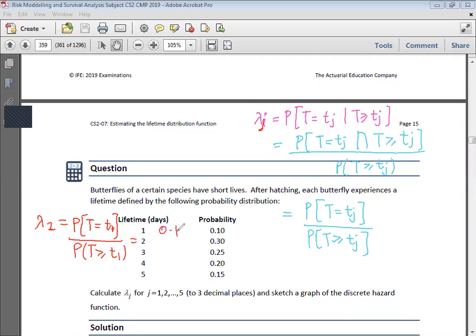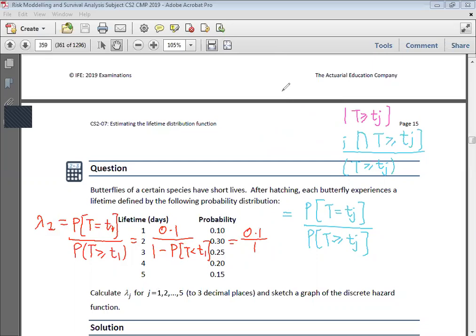So this is nothing but 0.1. Upon this, I can rewrite the denominator as 1 minus the probability that T will be less than T1. There's no way this is going to happen, so this is just 0. So what you have is 0.1 upon 1, because T being less than T1 has a probability of 0. For everything that you don't have here, the probability is just 0. So this lambda 1, as we know, is just 0.1.